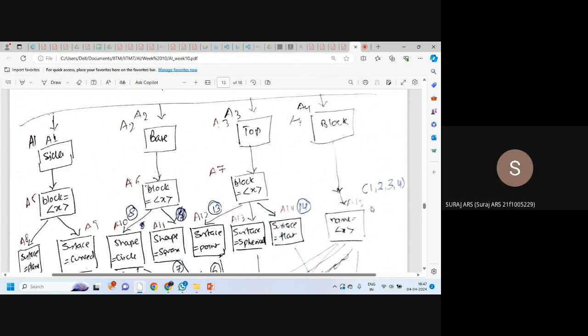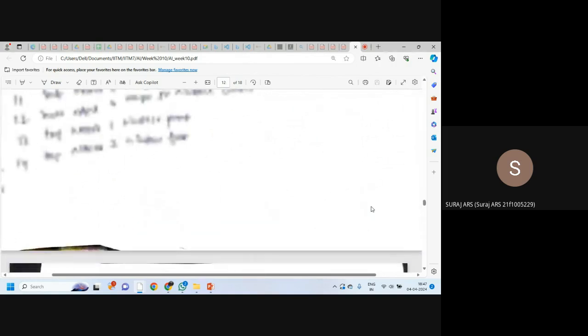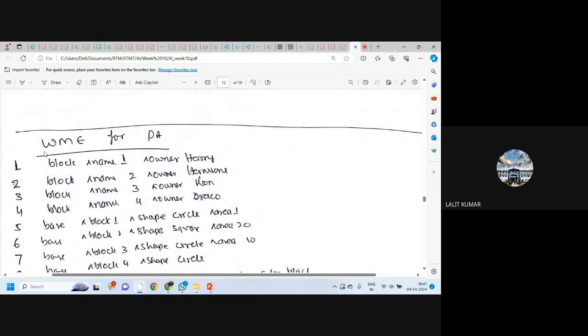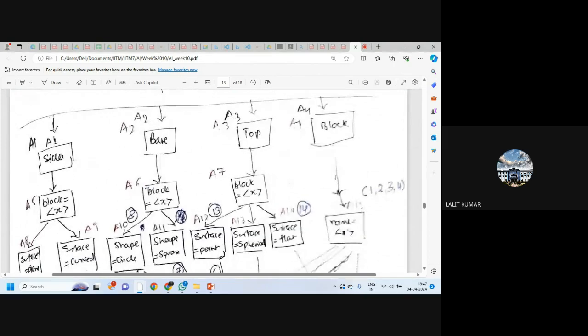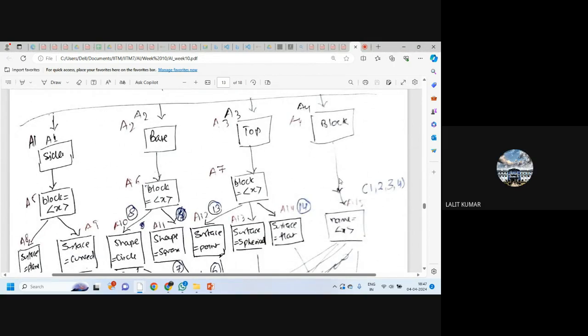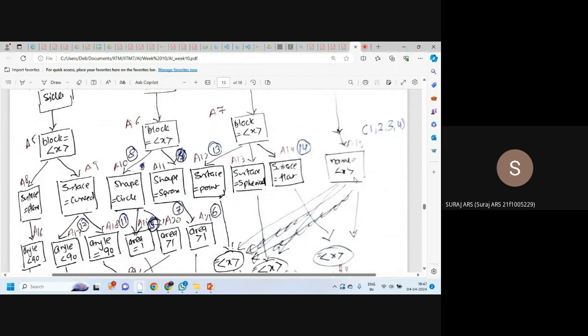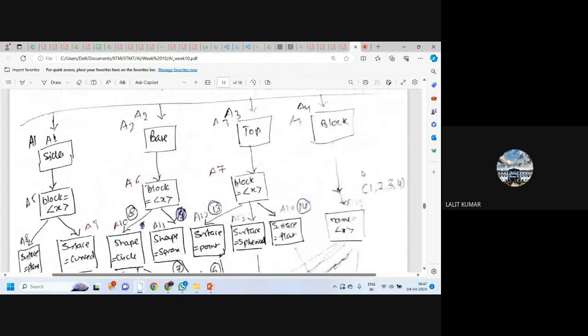One second, please. So here, see, these are the WMEs. The class is block. Attributes are name, and the second attribute is owner. When I put WME1, what will it do? The class name is block, so it will come to block. Then it comes to name. The second attribute owner is not there, so it will sit here only.